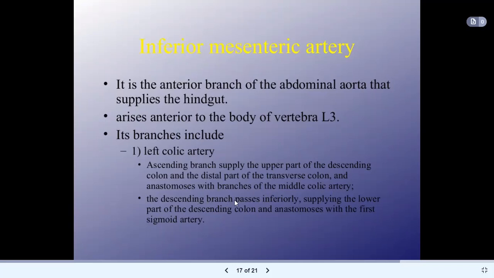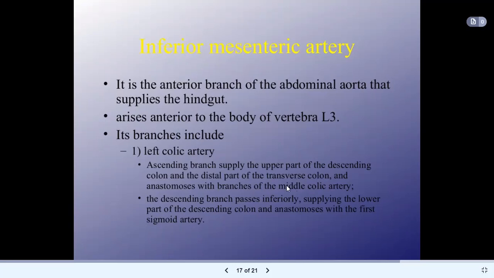The descending branch passes inferiorly, supplying the lower part of the descending colon and anastomosing with the first sigmoid artery. The left colic artery has anastomosis with middle colic artery and sigmoid artery.